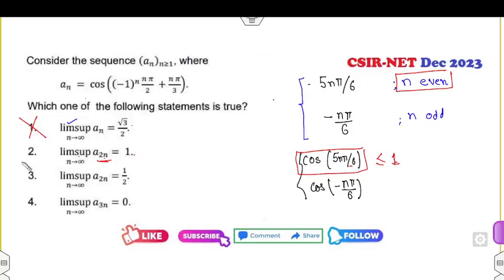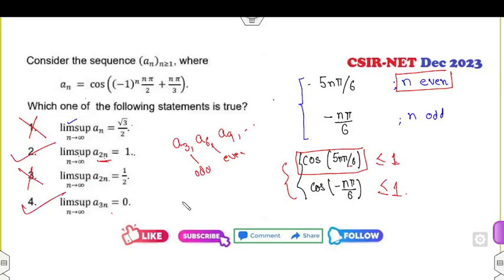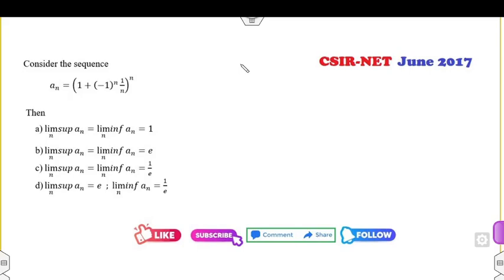That's 1. Fine. What is the supremum of the even number? It's a half. Wrong. a_{3n}, that is a3, a6, a9, that is odd and even both. So that means we can consider both the terms. What is the supremum of these quantities? Both the quantities are less than or equal to 1. So it's 0. That's a wrong option. So the correct option is only B.